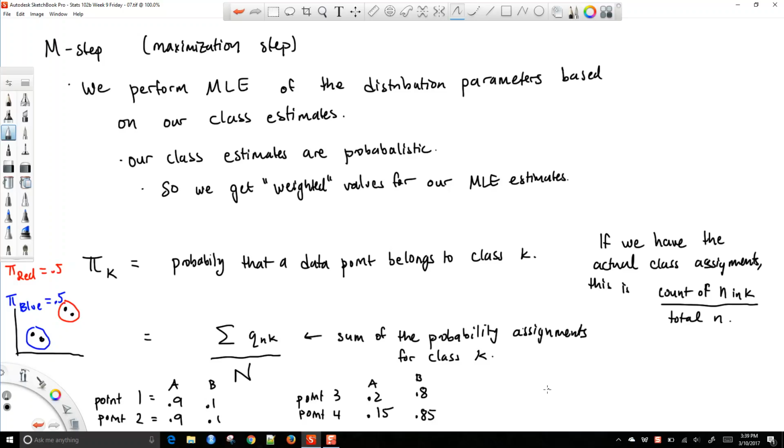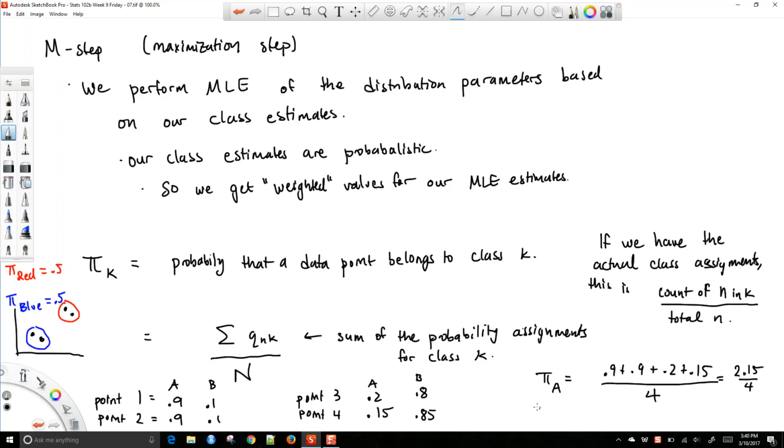And therefore, my pi sub A in this case would be 0.9 plus 0.9 plus 0.2 plus 0.15 divided by 4. So instead of being 2 divided by 4, I have, I don't know what this is, 2.15 over 4.